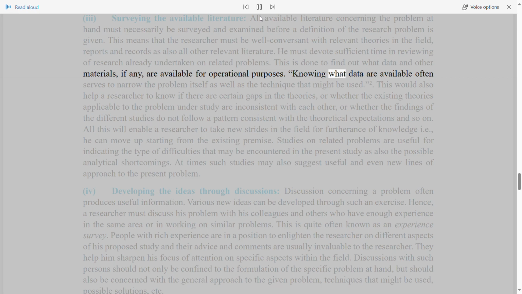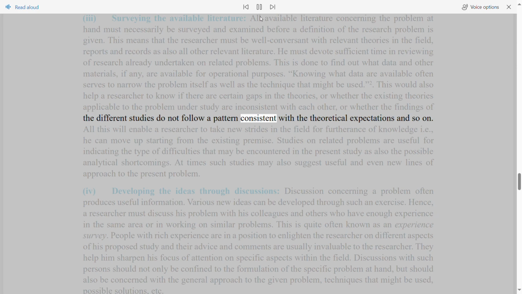Knowing what data are available often serves to narrow the problem itself as well as the technique that might be used too. This would also help a researcher to know if there are certain gaps in the theories or whether the existing theories applicable to the problem under study are inconsistent with each other or whether the findings of the different studies do not follow a pattern consistent with the theoretical expectations and so on.